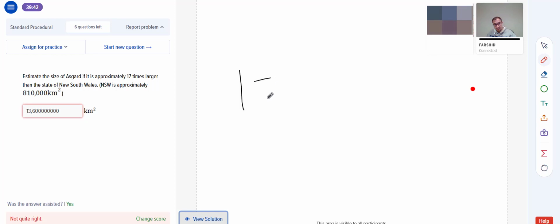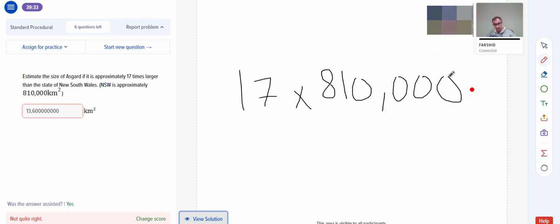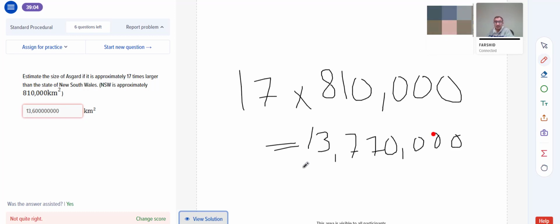Multiply 17 by 810,000 kilometers, and we find the estimate. The concept of estimation is that it is approximately 17 times. So that's the estimation. But when you want to find the result, you need to use your calculator.